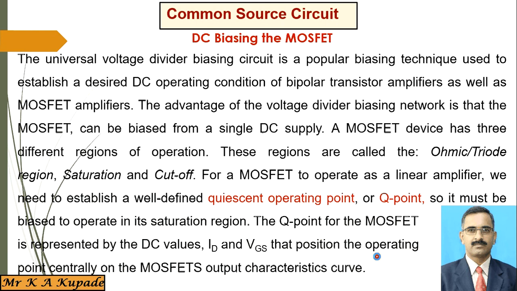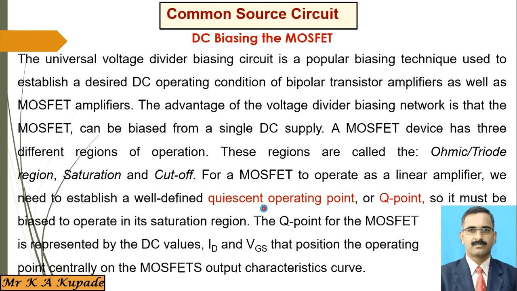Now, next point with that previous slide. If we want to use this MOSFET as a common source circuit in amplifiers or any other circuitry, then what DC biasing should be considered, what do we have to implement, how do we calculate its voltages, and what configuration do we use for this MOSFET? That we are going to discuss here.